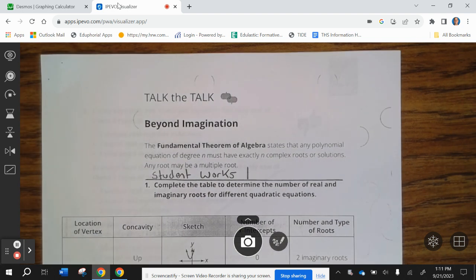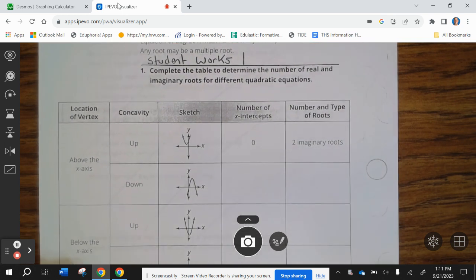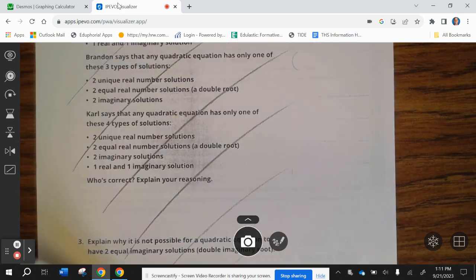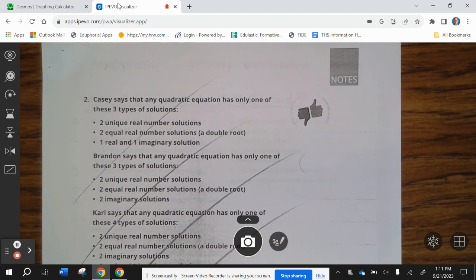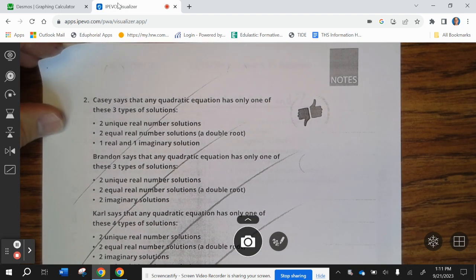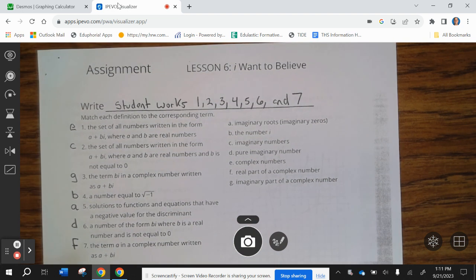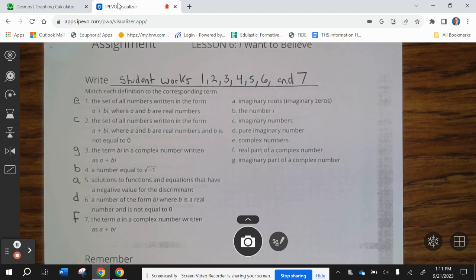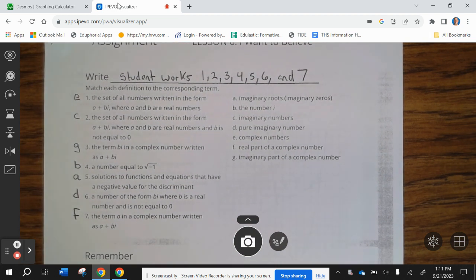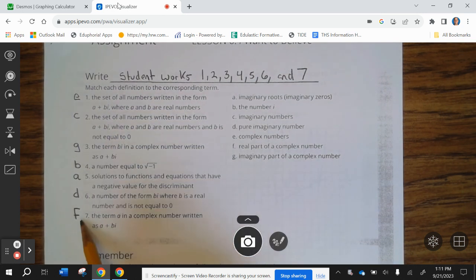All right, student's going to work number 1. We're going to ignore this page. And the student's going to work 1, 2, 3, 4, 5, 6, and 7 with the help from Mr. Luke. Please use that help.